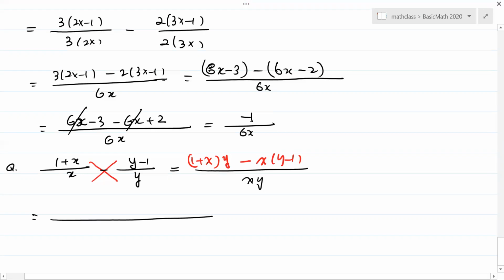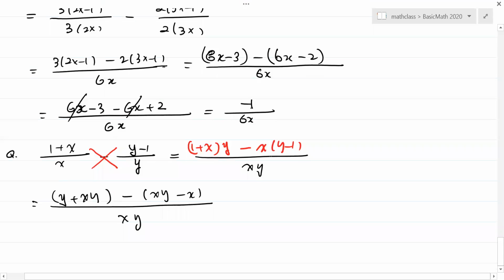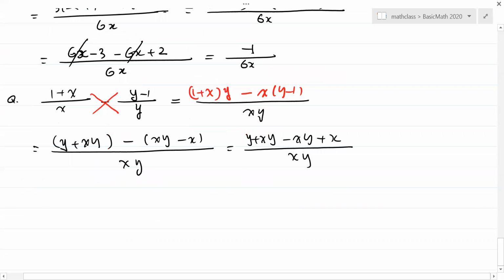So 1 plus x times y will be y plus x times y. And the other one is x times y minus 1, which will be x times y minus x. Then you remove the parentheses: y plus xy minus xy and plus x. So x times y is going to be gone.